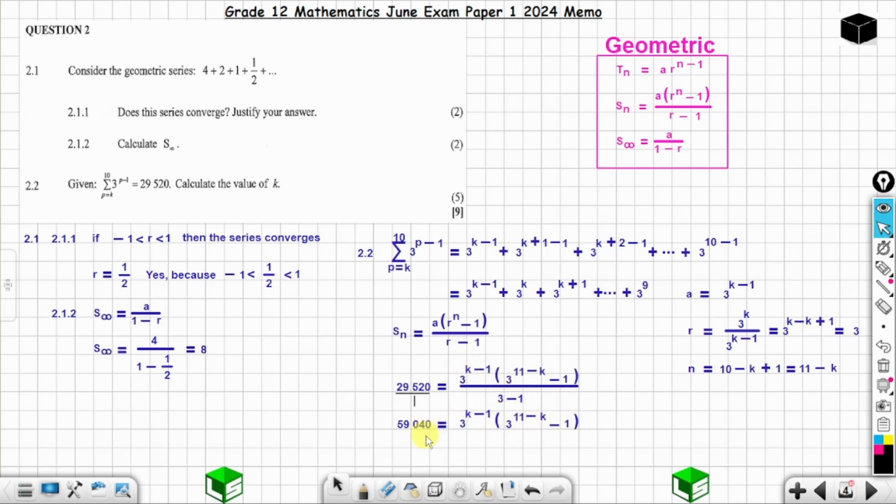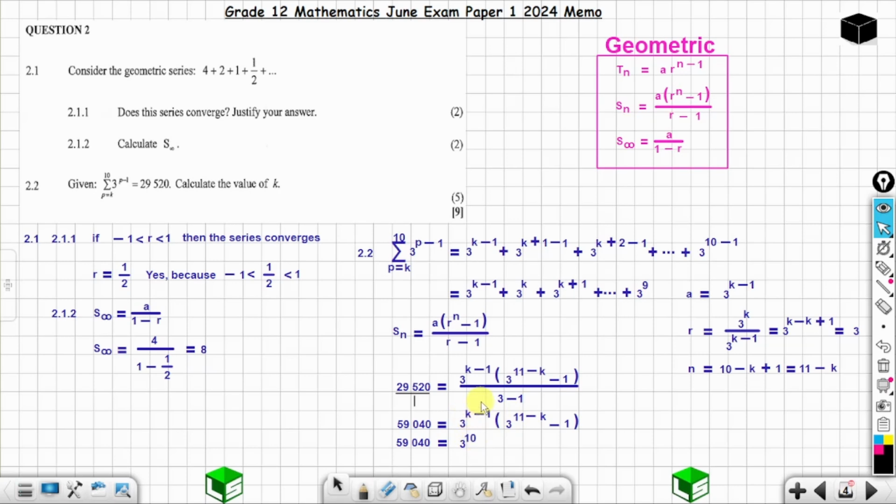We carry on, you have this is equal to, you have multiplication, the bases are the same. You are going to use the laws of exponent. When the bases are the same, you are going to add your exponent. So you have k minus k, which is 0, and you have minus 1 plus 11. 11 minus 1, which is 10.